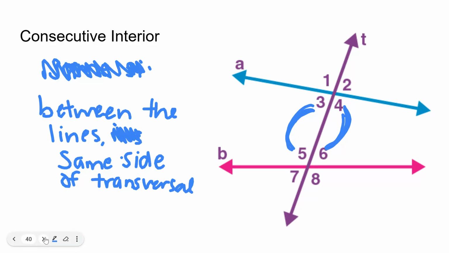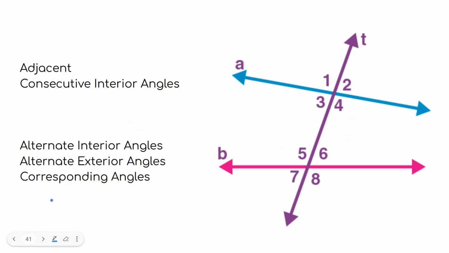Now we look at adjacent angles and consecutive interior angles. Your packet might not be grouped like this, so I want you to color them: this would be one color, and these would be another color.